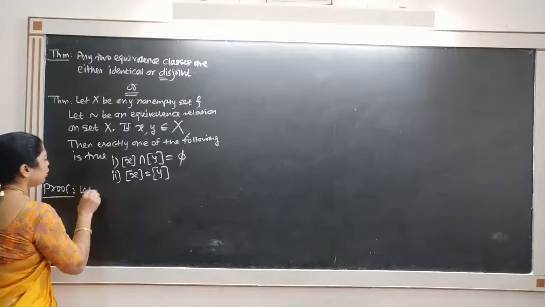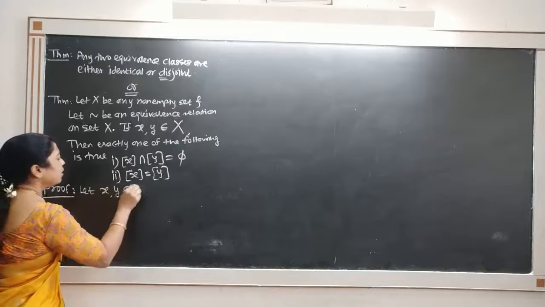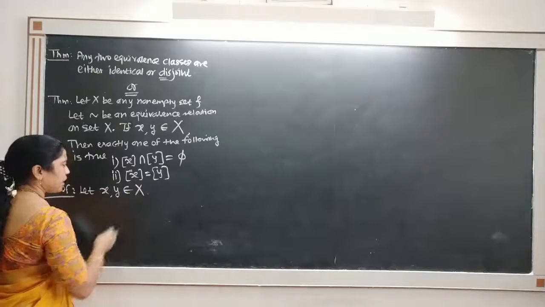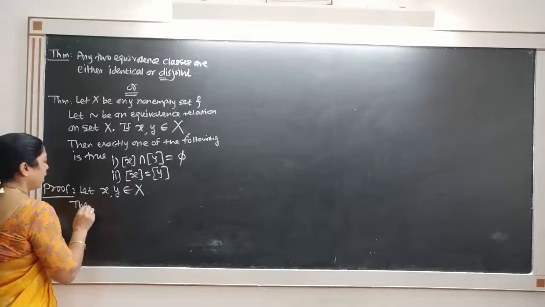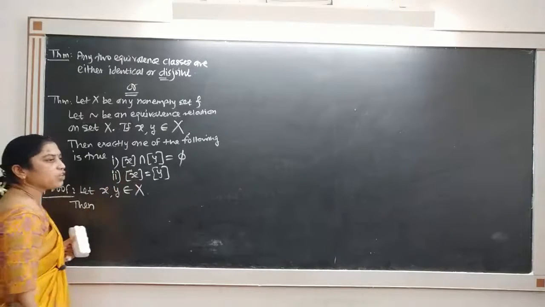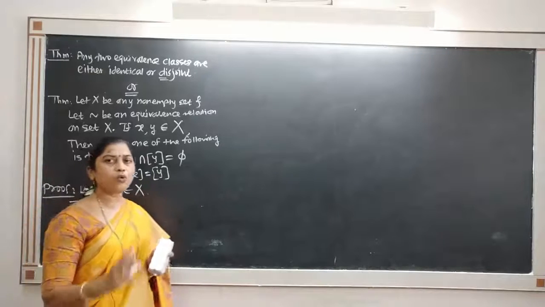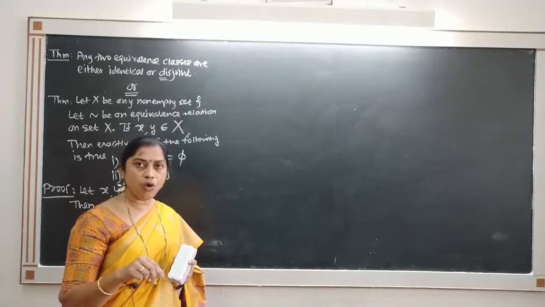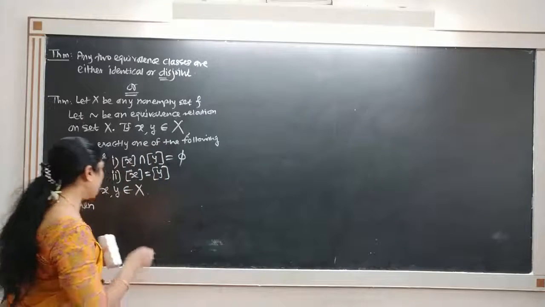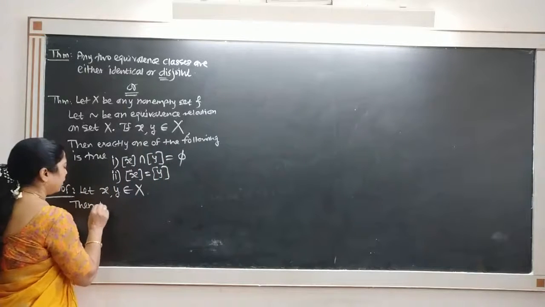Let us start with two elements x and y in the set X. If you consider the intersection of the equivalence class of x and y, there are only two possibilities. Either the intersection is empty or non-empty.